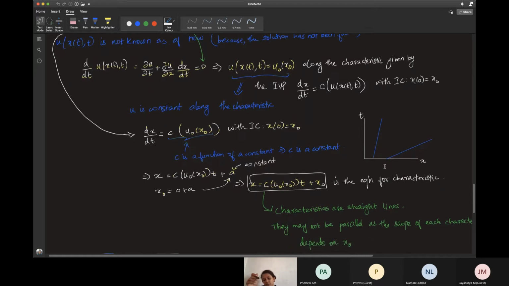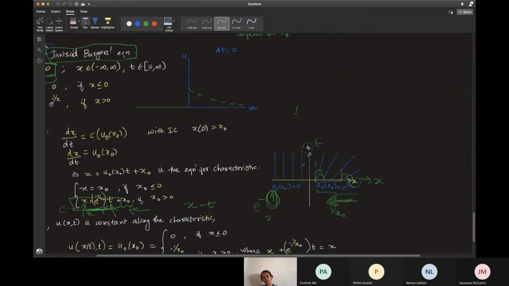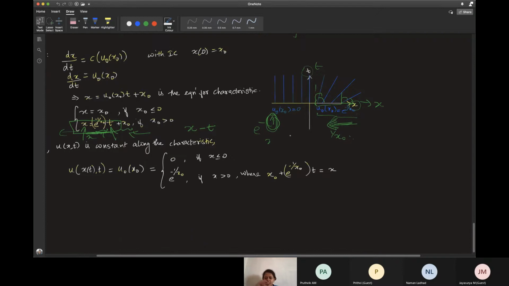For some special example, we had such a kind of characteristics where the characteristics are straight lines for x less than 0, and the characteristics diverge for x greater than 0. Similarly, when characteristics are converging, this is an example for diverging characteristics, this one, where the characteristics are diverging from a point.